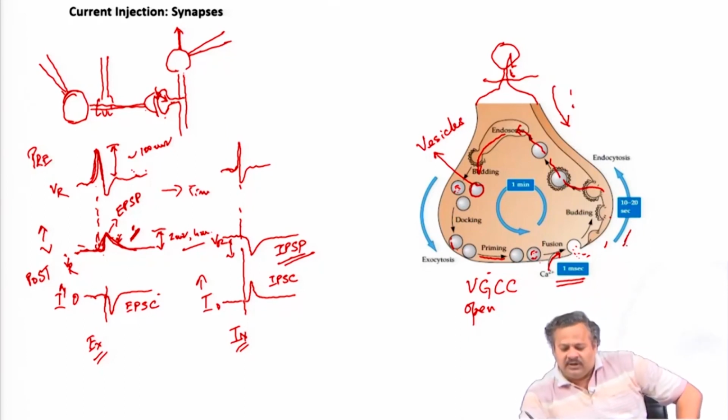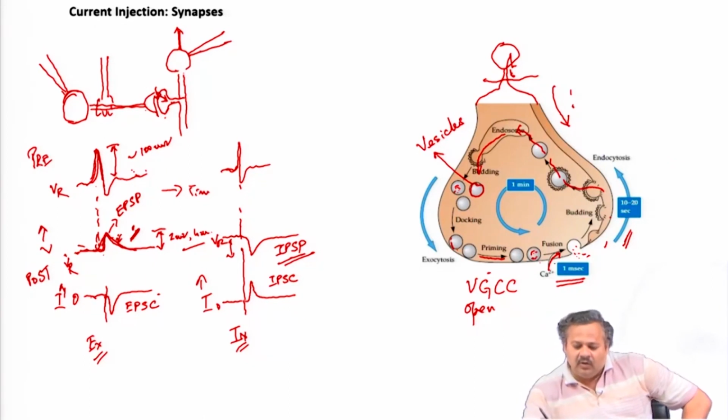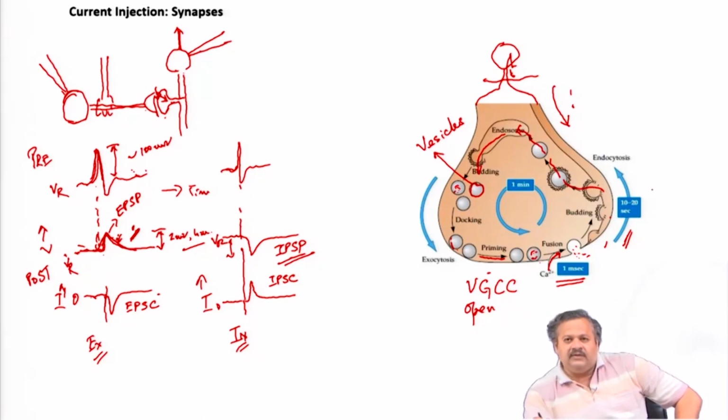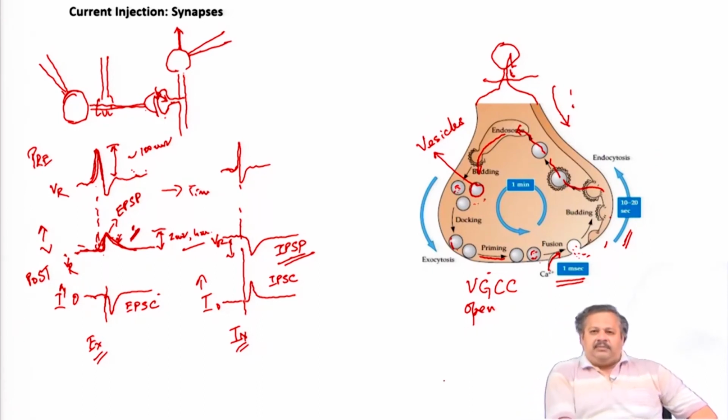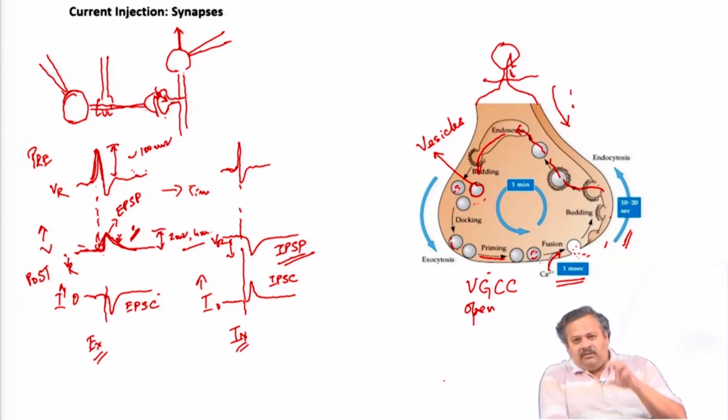This process of endocytosis is of the scale of seconds, and so the overall process is of the scale of minutes. So, depending on how much neurotransmitter is available in the presynaptic side, we may or may not get release of neurotransmitter, or may get lower or larger amount of neurotransmitter released in the synaptic cleft.